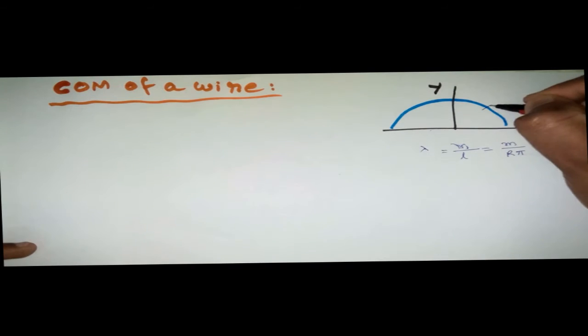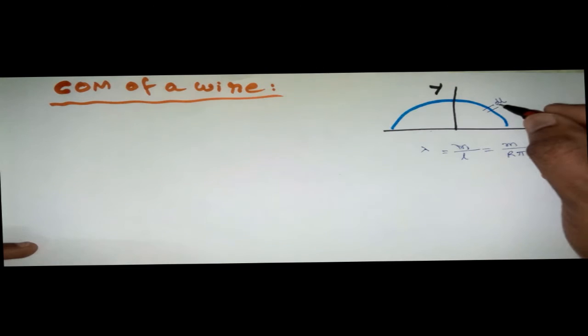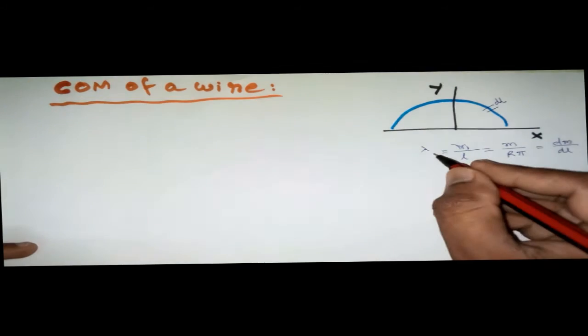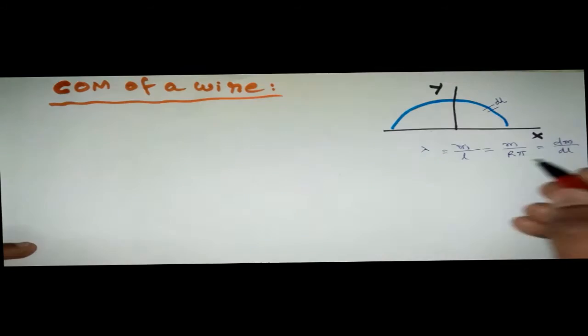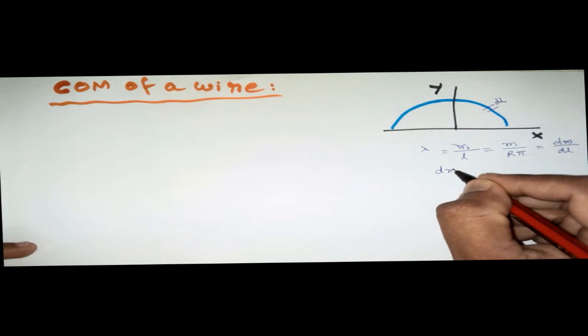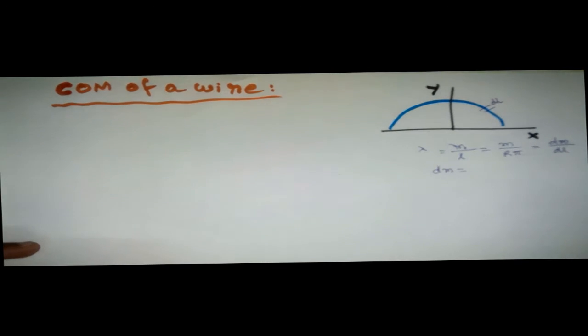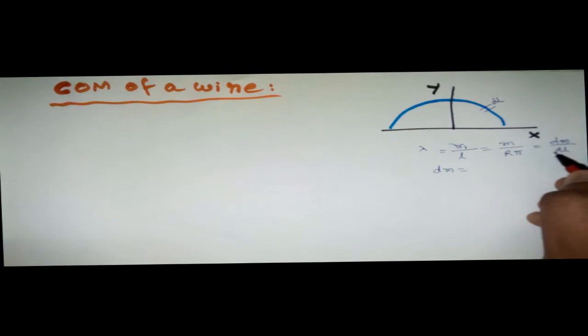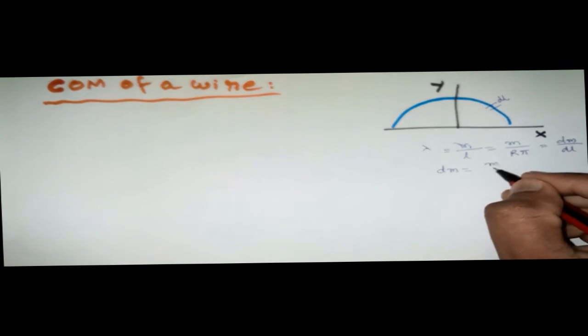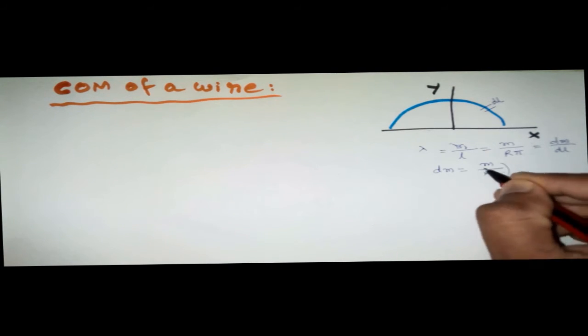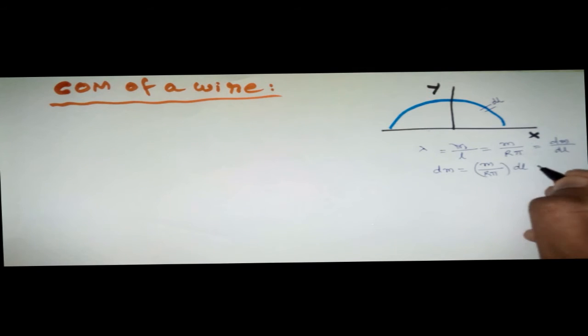When I consider the smallest elemental length dl, that dl contains a mass dm, which also has the same lambda. Therefore, the mass of the element dm is given by m by r pi into dl.